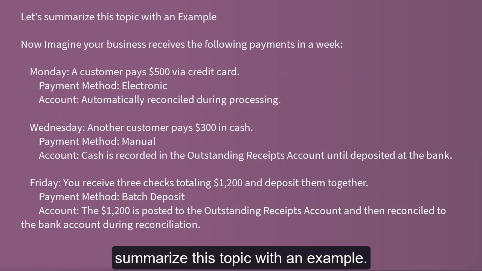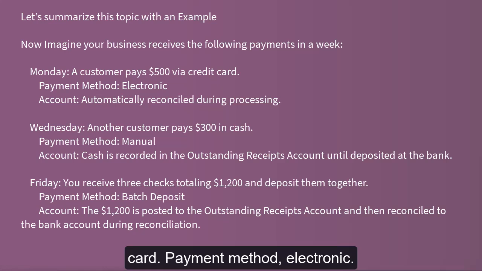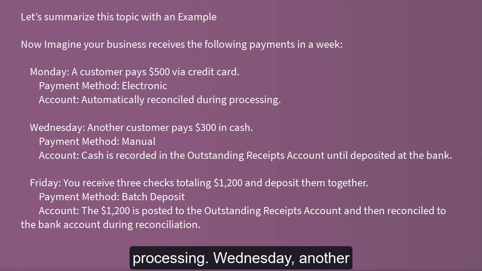Let's summarize this topic with an example. Now, imagine your business receives the following payments in a week. Monday, a customer pays $500 via credit card. Payment method, electronic. Account, automatically reconciled during processing. Wednesday, another customer pays $300 in cash. Payment method, manual. Account, cash is recorded in the outstanding receipts account until deposited at the bank.